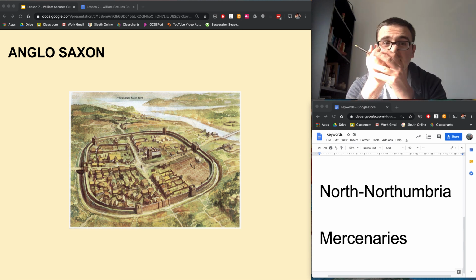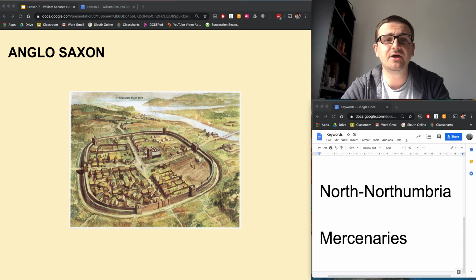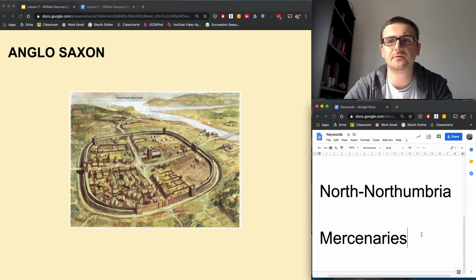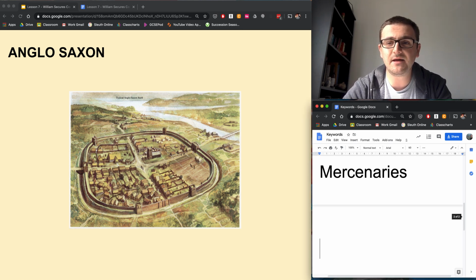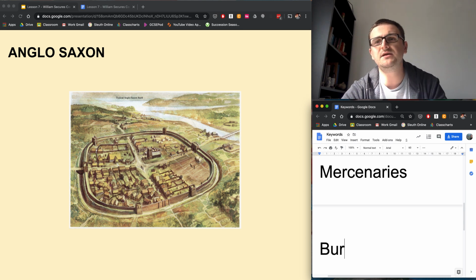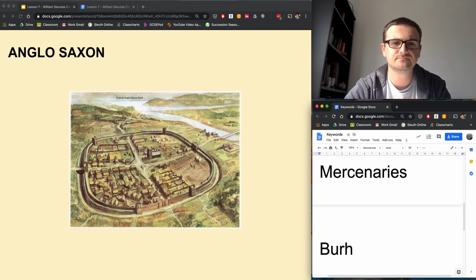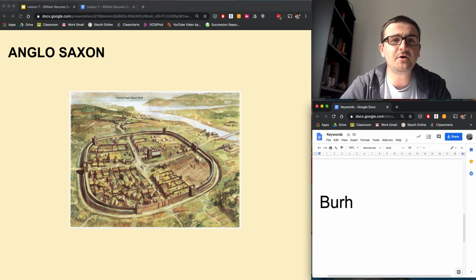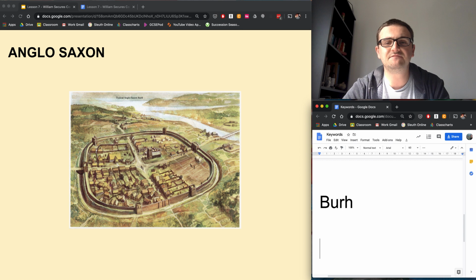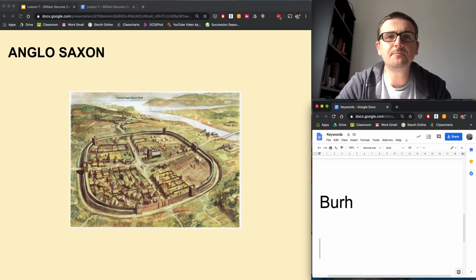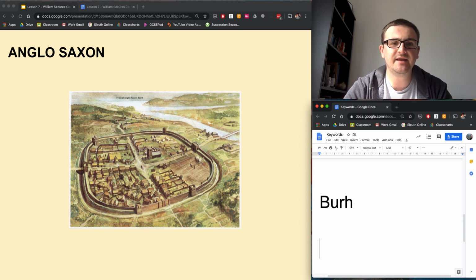Now what you can see there on screen is a picture of an Anglo-Saxon burh. Can we remember our key spelling of burh? It's B-U-R-H. The burh, remember, were the small settlement towns that people lived in Anglo-Saxon England. They were public, meaning normal people could go in and out of them.